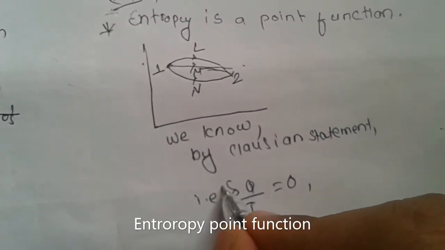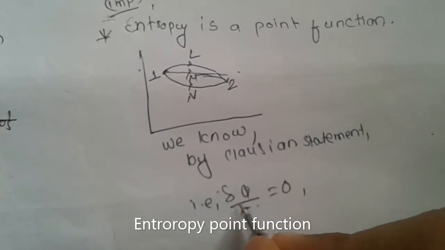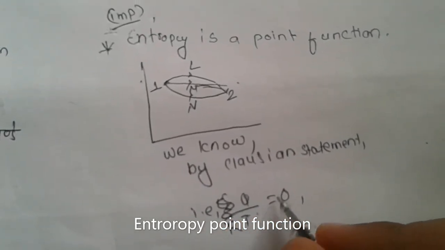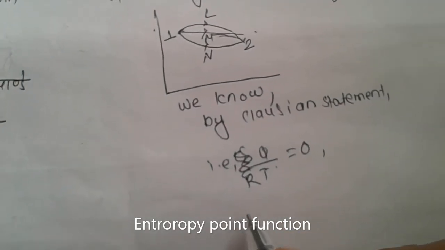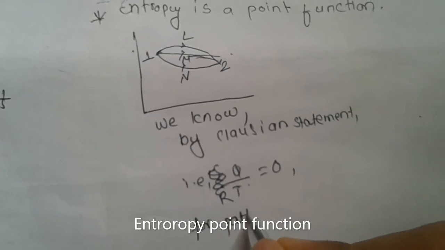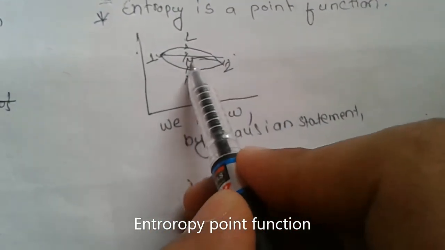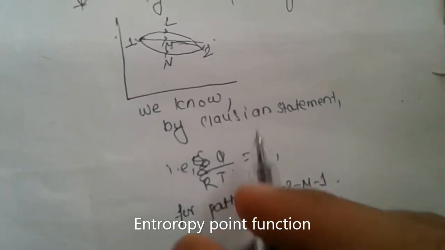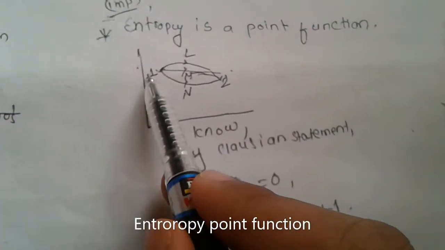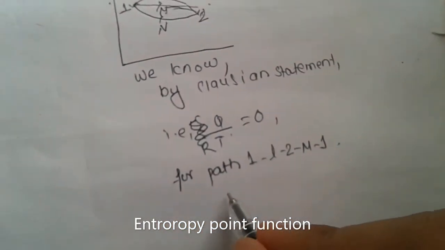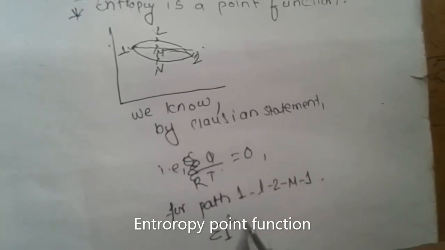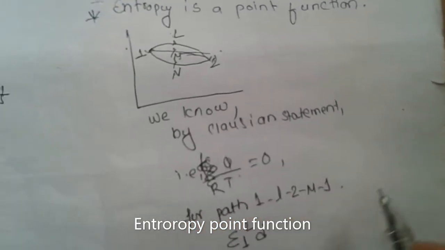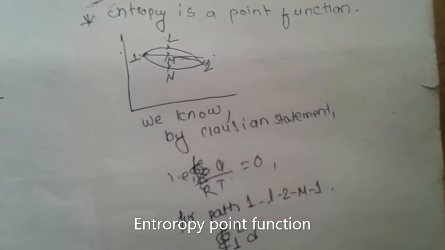This is the resultant, or we can write the cyclic integral of dq by T is equal to 0. For the path 1 L 2 M 1, we can use this formula. This is the integral from 1 to 2 of dq by T, the inexact differential, is equal to 0.